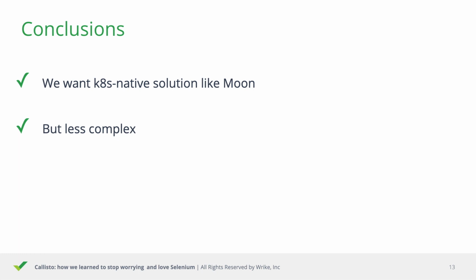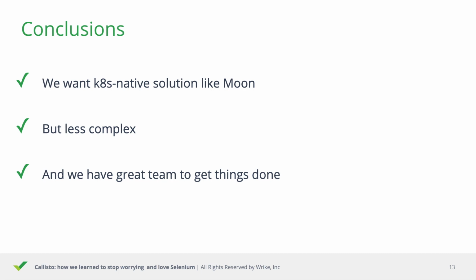So let's conclude our intentions. We wanted a Kubernetes-native and simple solution, not as complex as Moon, for example. And luckily we had and we have a great team to get all this stuff done.